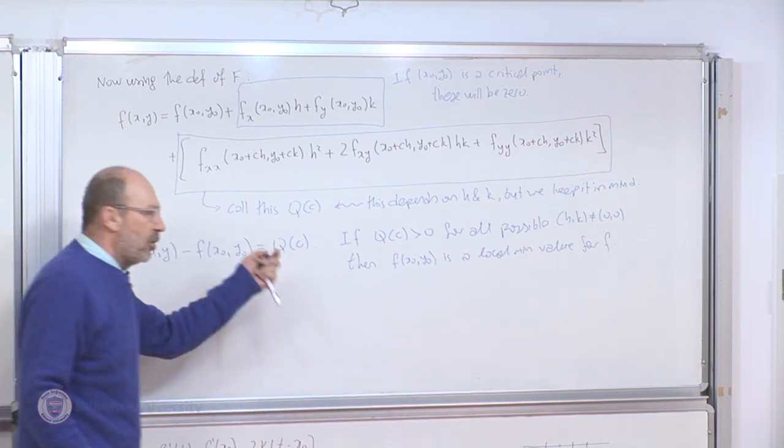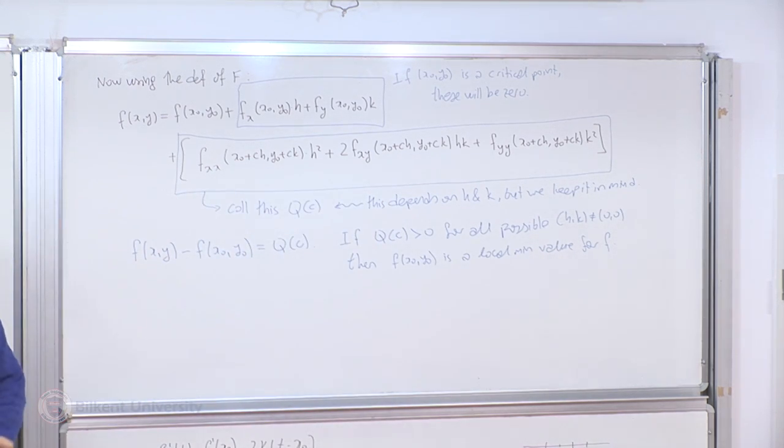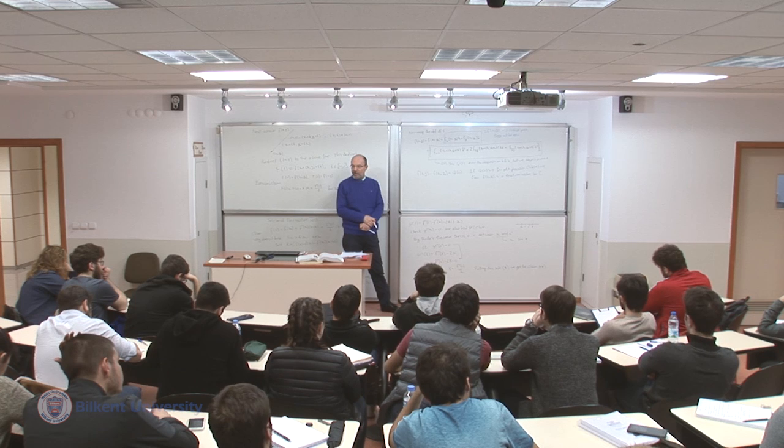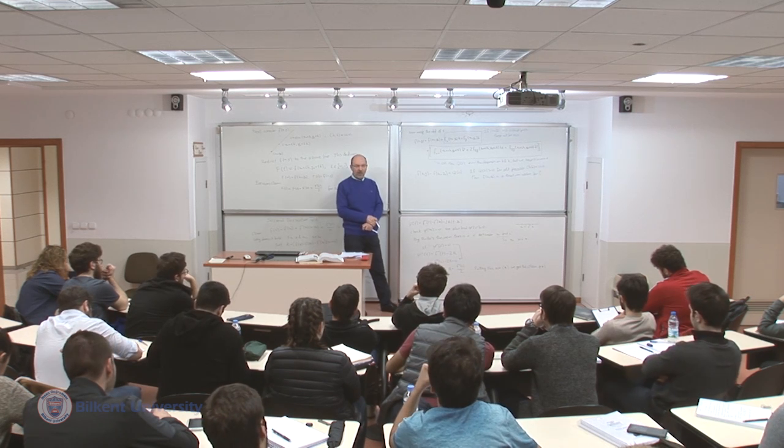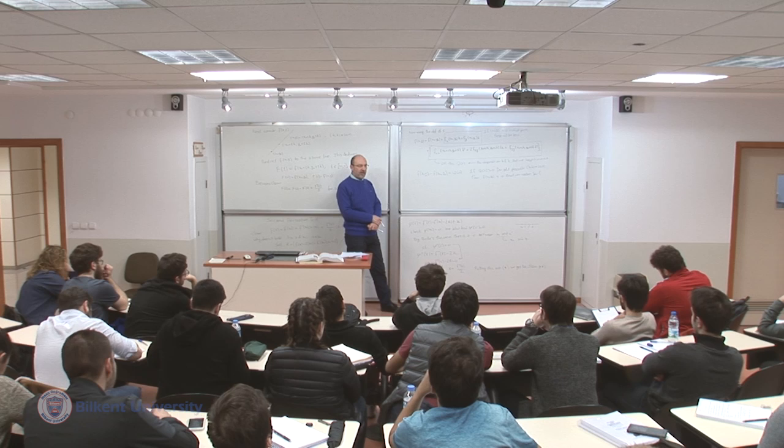Of course, if it is negative, then I can say something similar. If it changes sign, then it's going to be a saddle point. Those observations are clear. What is challenging at this point is how can I tell the sign of this?